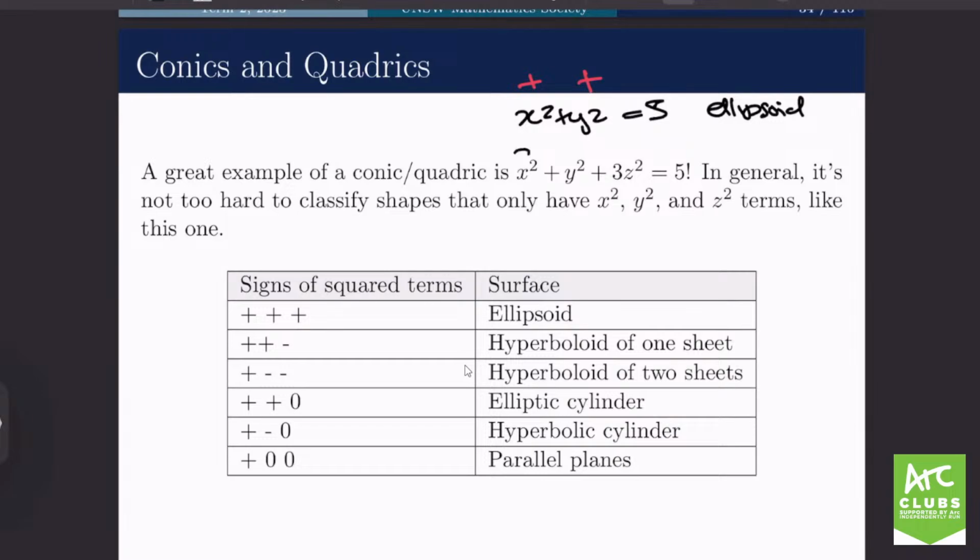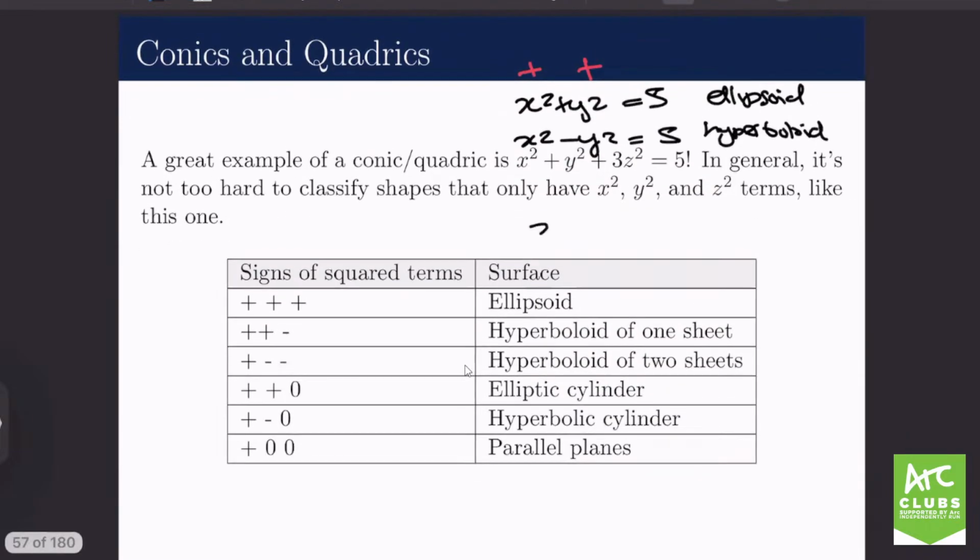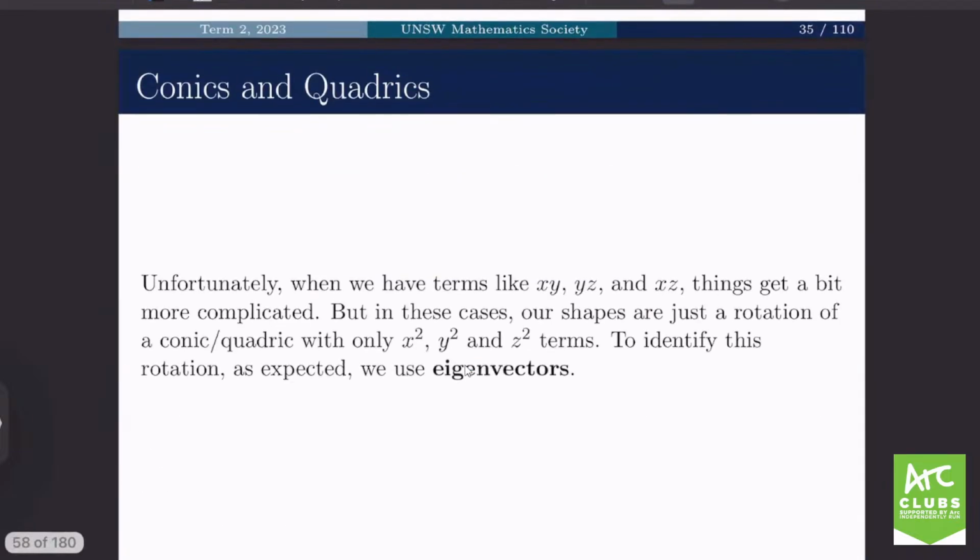Now, if one is negative, then what I get is a hyperboloid. And if one is 0, then I get a plane and so forth. However, we come into some issues when we have xy terms like this. What do they actually represent?